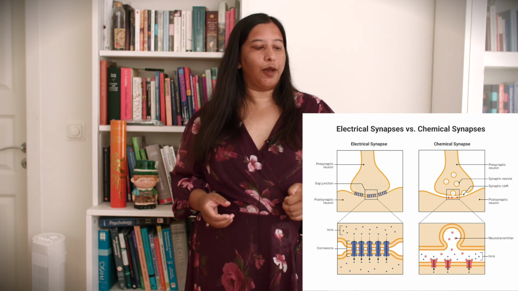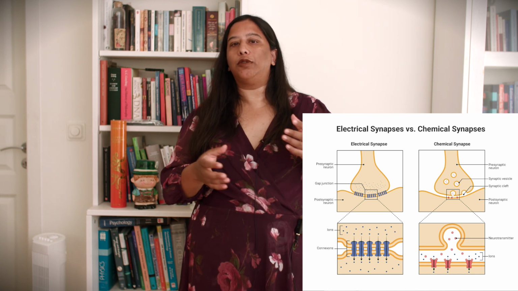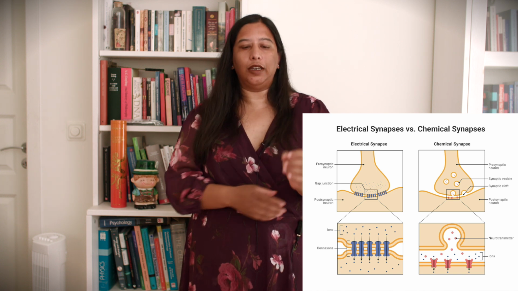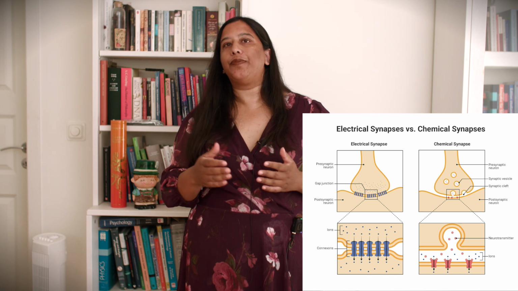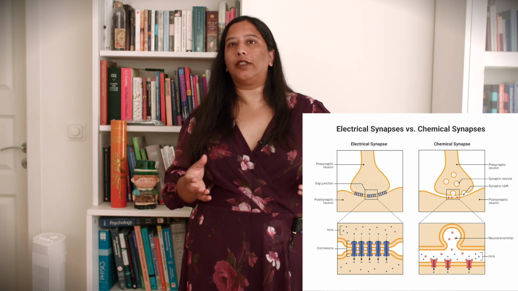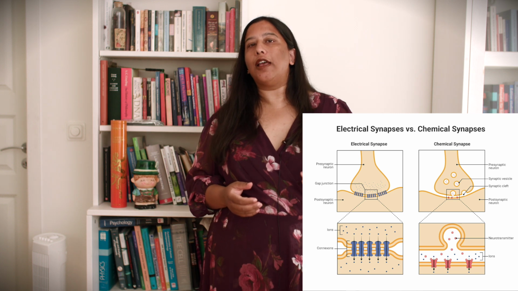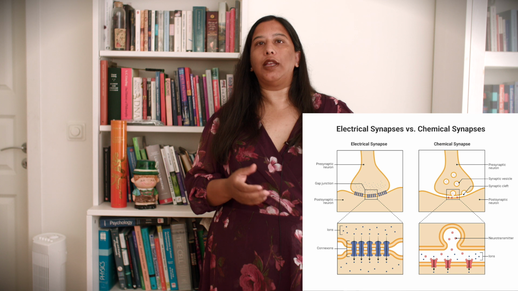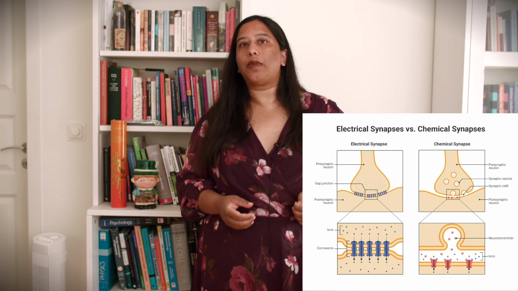They are made up of gap junctions, which in turn are made up of little channel proteins called connexons. And by the means of these channels, they pass current, but they can also pass metabolites. So gap junctions are important for electrical coupling as well as metabolic collaboration between neurons.